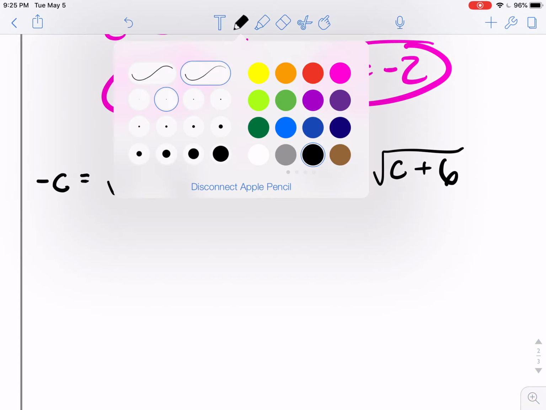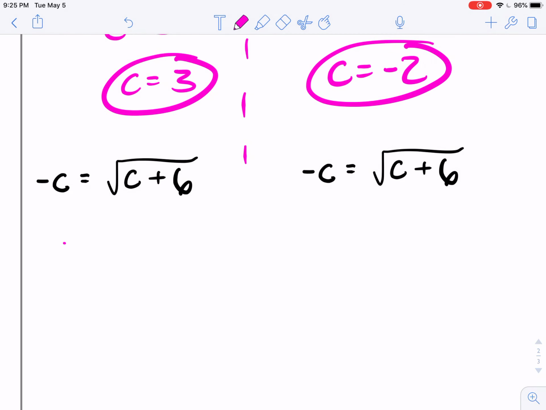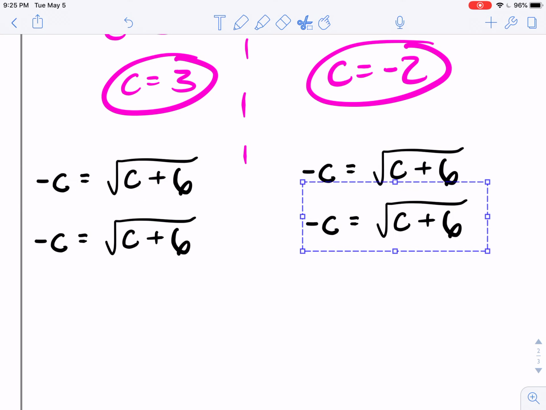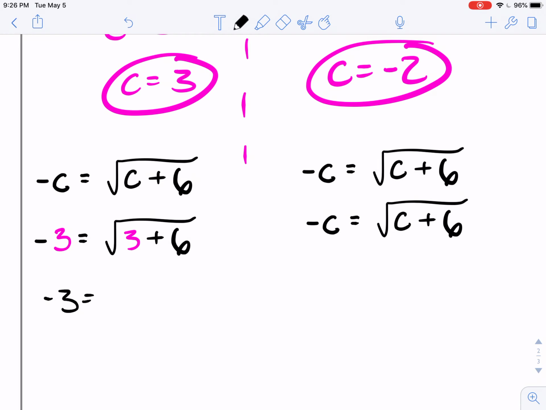So we're going to plug those guys in and check if they work. So we're going to get rid of c, and instead of c, we'll make 3. Cool. So that gives us, is it true that negative 3 equals the square root of 9? Well, no, because a square root should be positive.